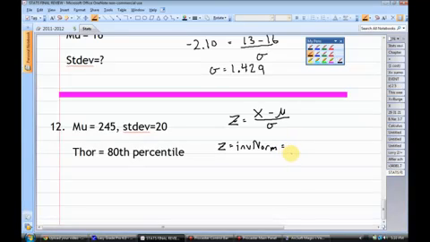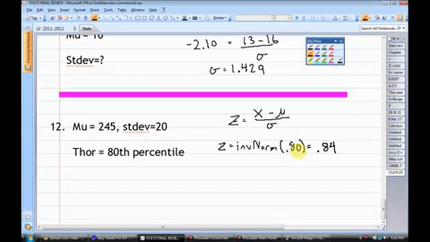Yes. What did you get for the z-score? 0.84. Then we have to change around the z-score formula to find x. Inverse norm of 0.80 is 0.84. Why are you guys all saying 0.84 if it's the 80th percentile? For the inverse, you do the inverse norm of 0.8, which is 0.84. Got it. The percentile rank is 80.